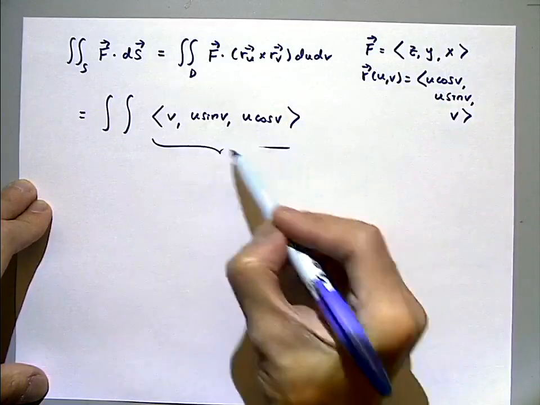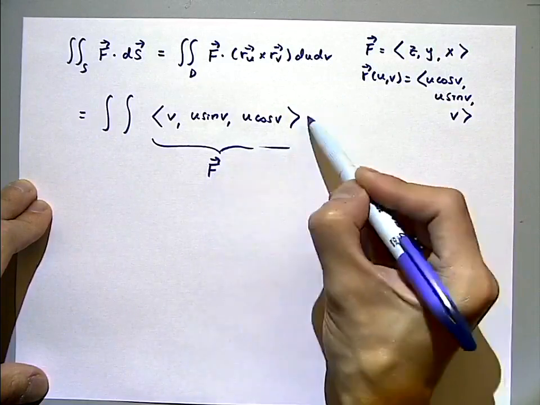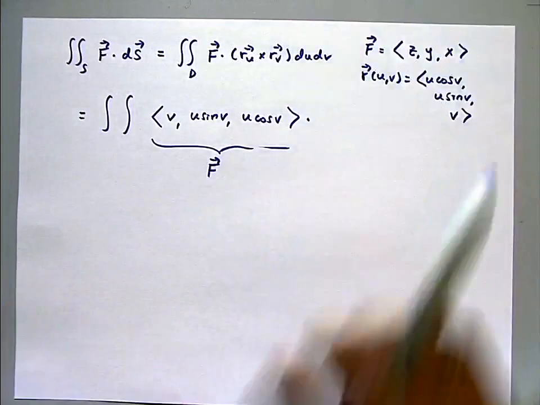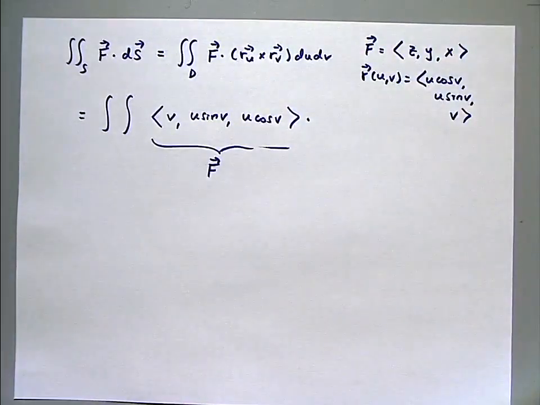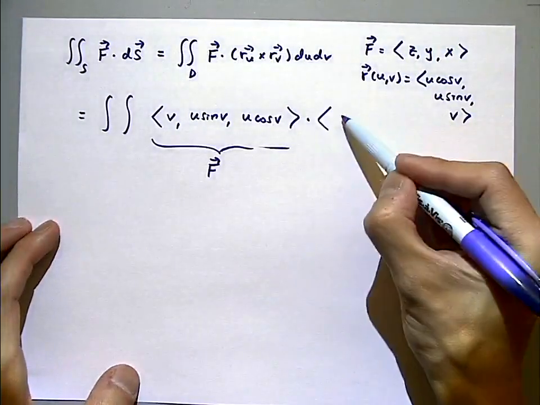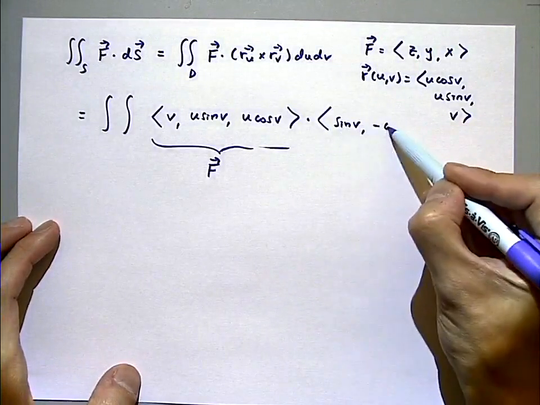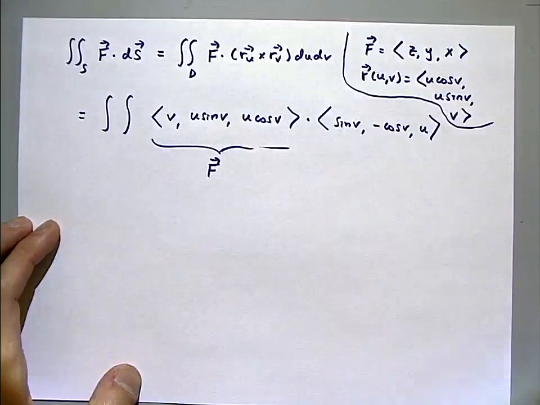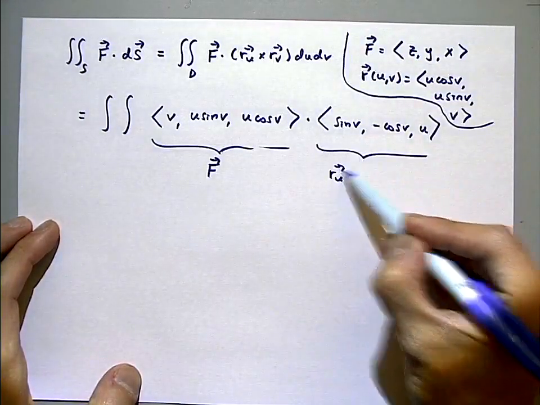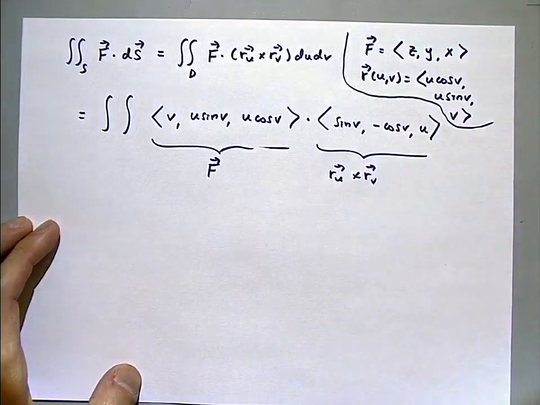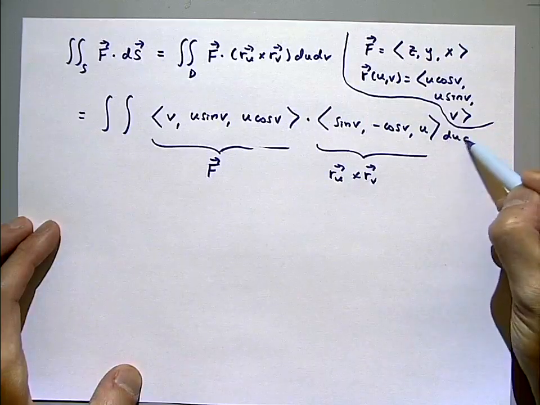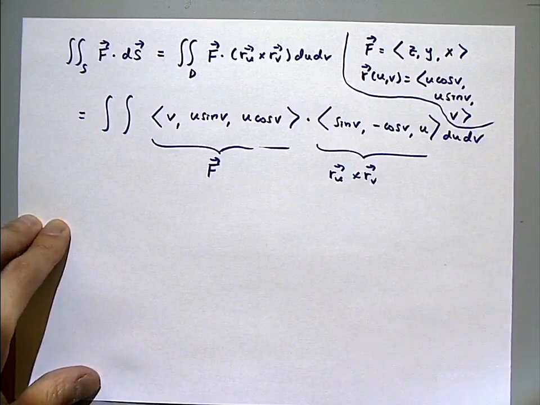So this is F. And then we're going to dot this with our RU cross RV, which we found on the last page, sine v, minus cosine v, u. And then du dv, or dv du. It doesn't really matter. They're both bounded by constants. So let's do du dv.